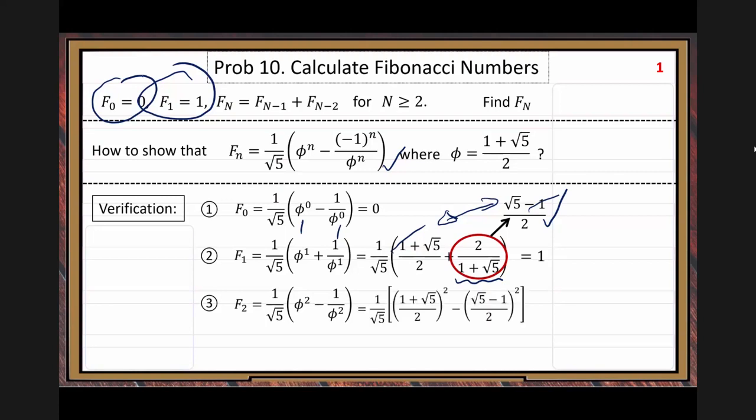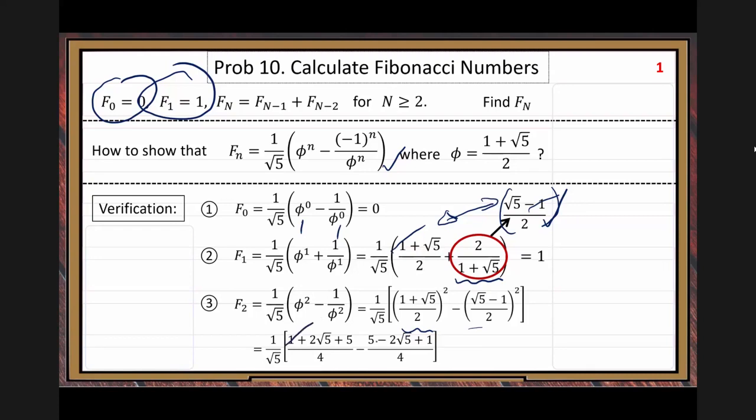So the phi squared, this one, 1 over phi squared, we calculate from the previous one. That's 1 over phi, we take the square, so we have that. Okay? Then we expand these numbers and we can do cancellation.